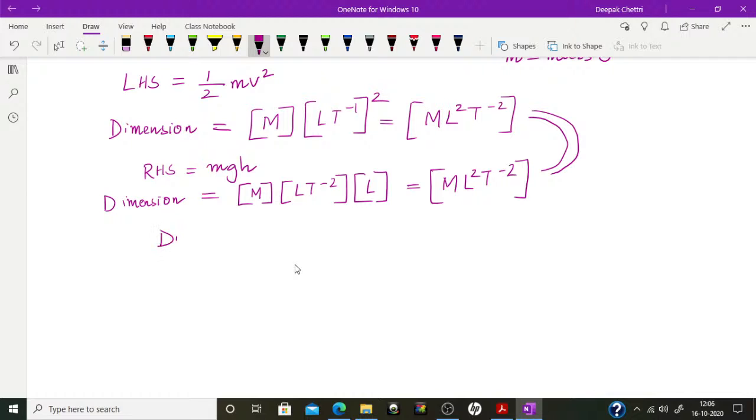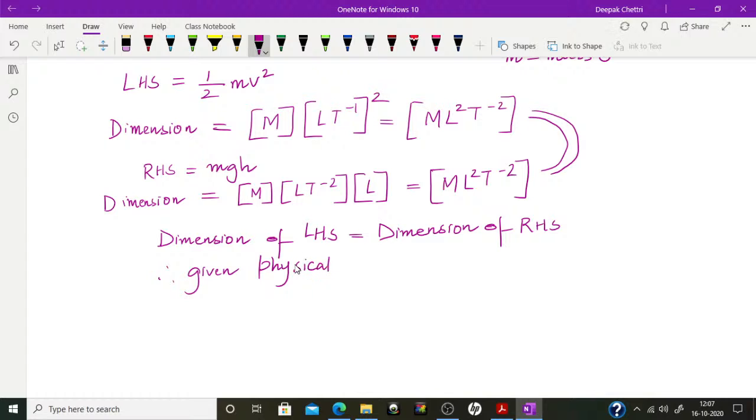So the dimension of LHS, left hand side, is equal to the dimension of RHS, right? So therefore the given physical relation is correct.